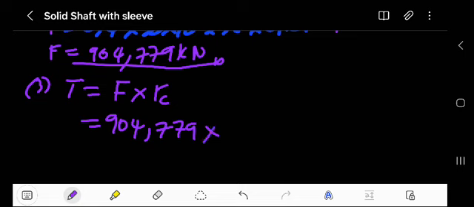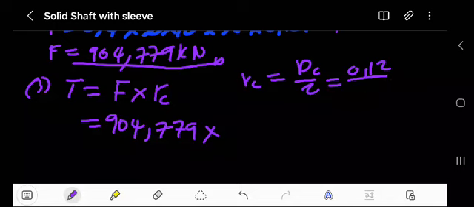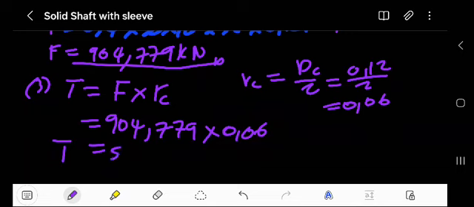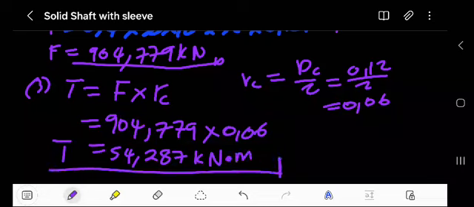The common radius is the same as the common diameter divided by 2, so 0.12 divided by 2 is 0.06. Multiplied by 0.06, this will be 54,287 kilonewton meter. So this is what it is, guys.